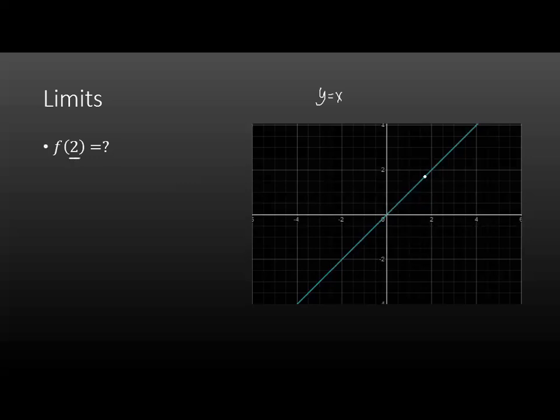Then, you will find your y, which is your output, onto the graph. So, your input is 2. So, where's 2? Here. Now, let's find its y. So, it's from here, which is also 2. So, the answer is 2.